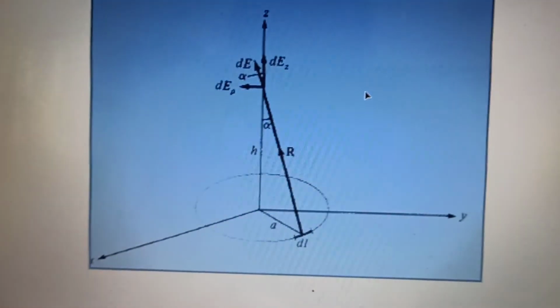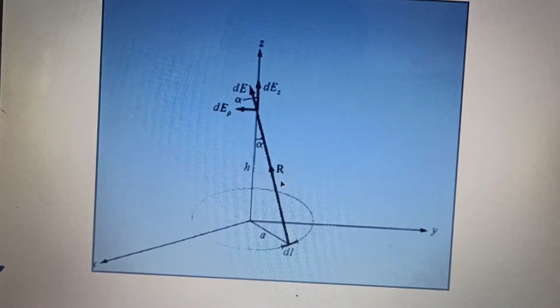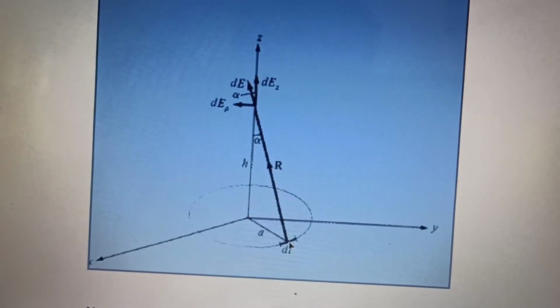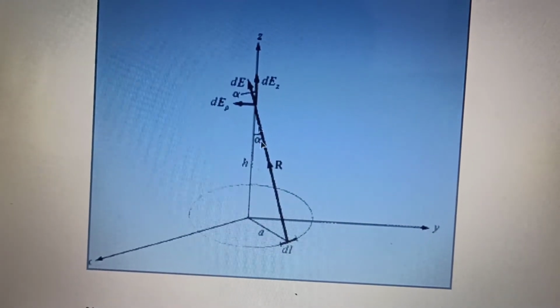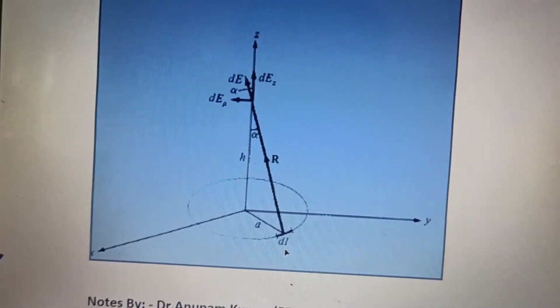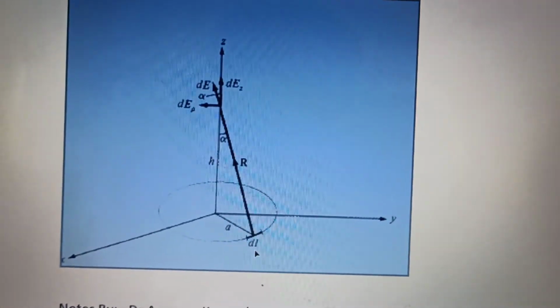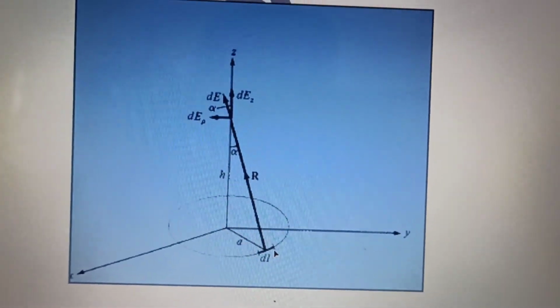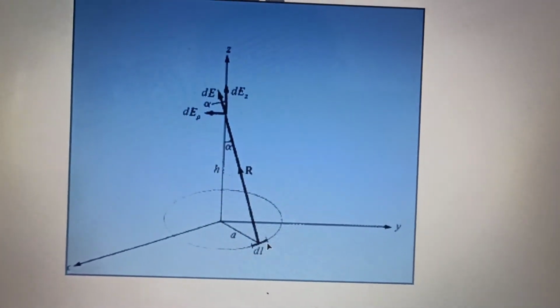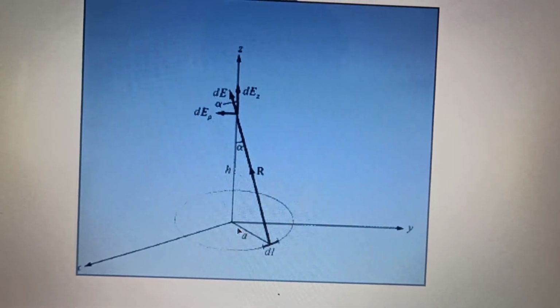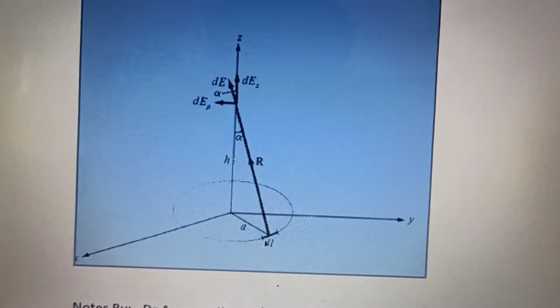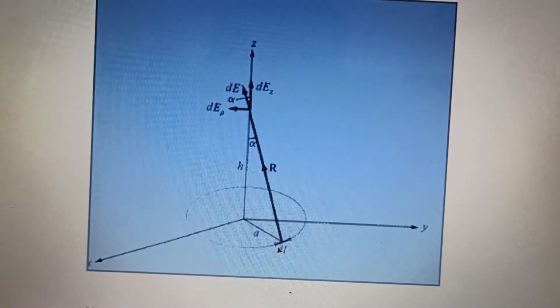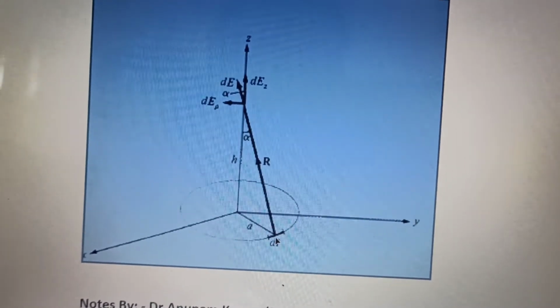Clear? Now if you look closely, then this dl segment, you have to express this dl in terms of rho and theta. It's very important. If you know rho and theta, then dl becomes very easy, because dl in this case is rho d theta. Rho is the length and d theta is the angle subtended by this length dl.